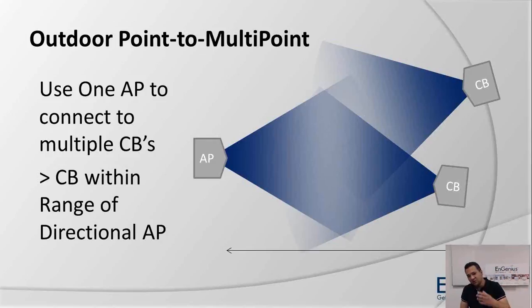The good thing is that when you use a directional access point you have further coverage. So depending on your situation, if you use 2 directional access points, you can reach a further distance.